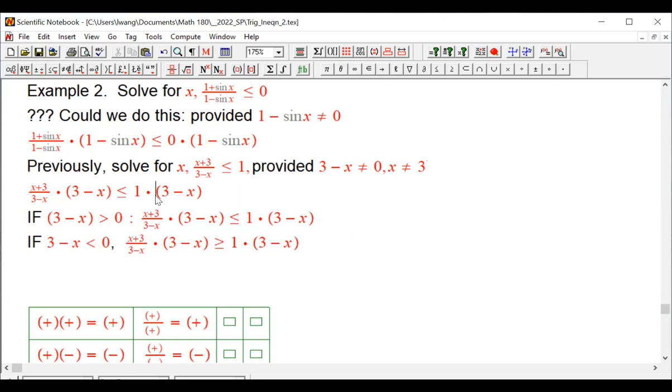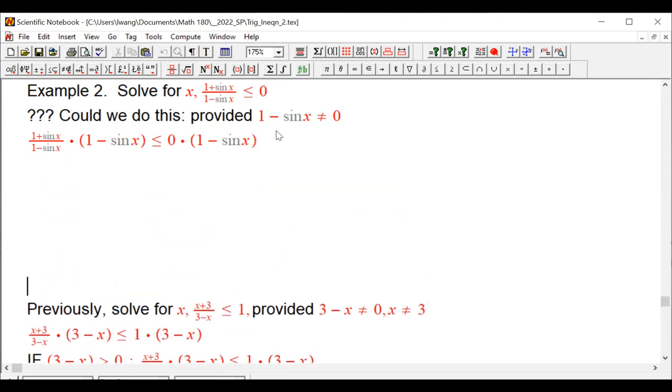Without knowing whether the sign of 3 minus x is positive or negative, we would not know whether we should switch or not. That's why we cannot do it. That's why we cannot multiply it without any additional information. Now, that was before. And of course, this principle is still holding true.